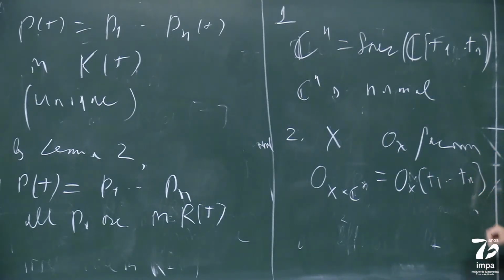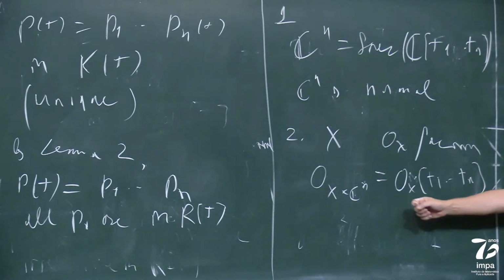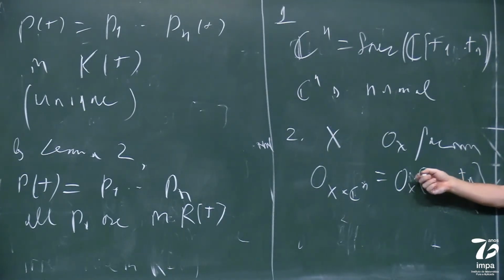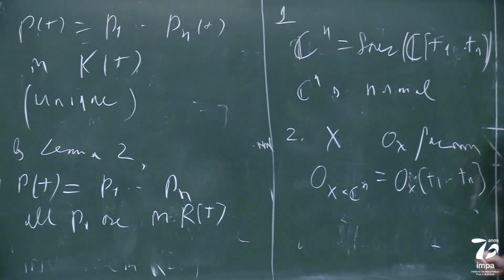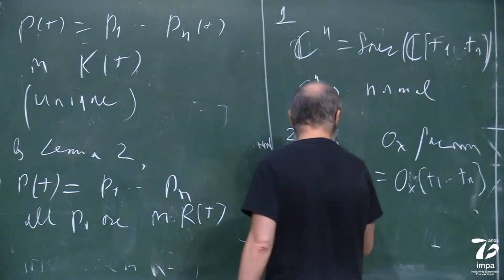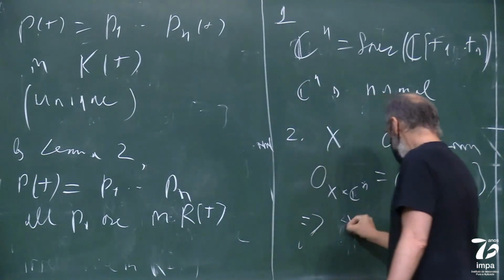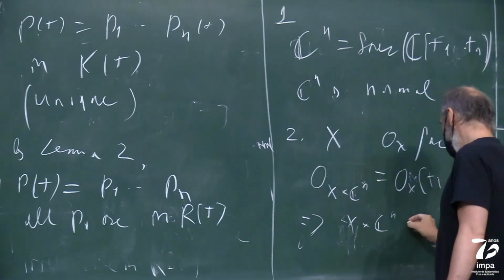This is something we had already done. The product corresponds to tensor product, and if you take a tensor product by polynomials, it's the same as taking polynomials over this ring. And this is factorial, so this implies that X times Cn is normal.